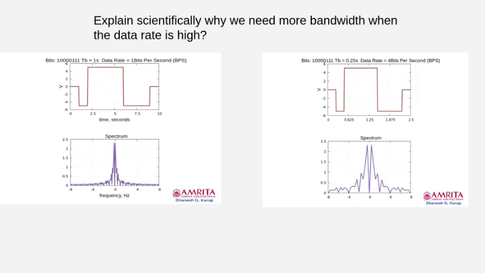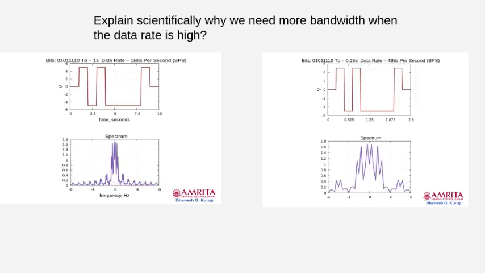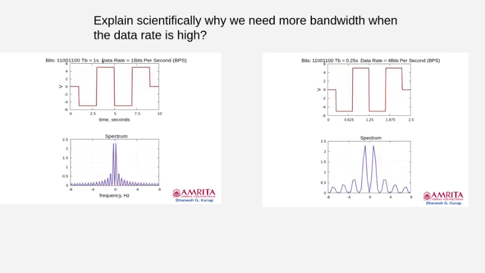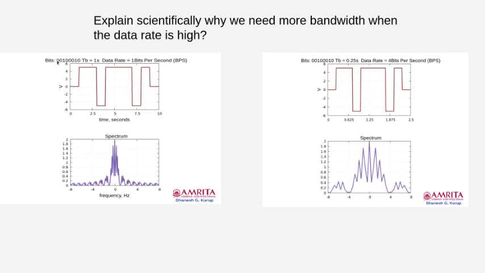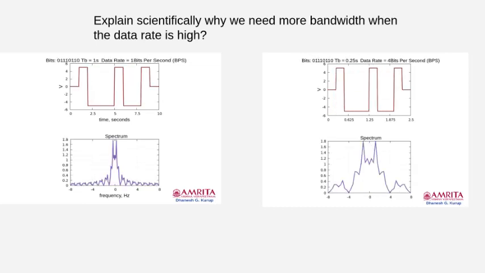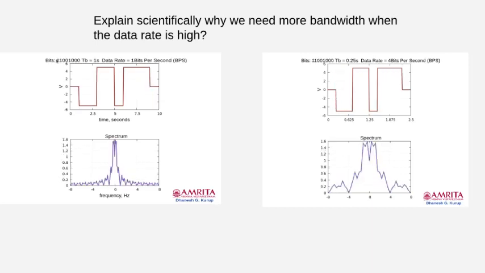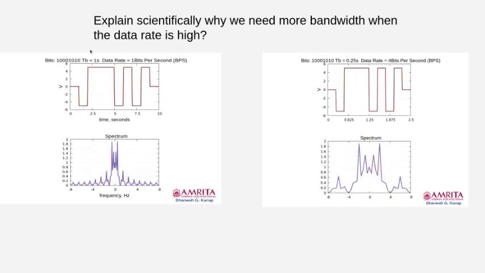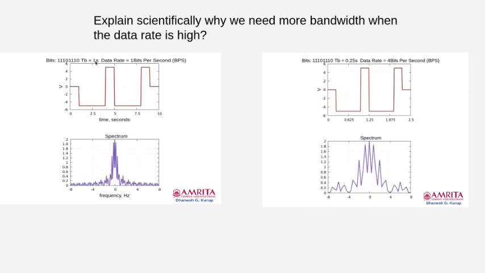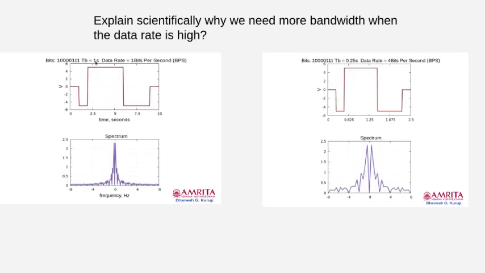Giga means 10 to the power of 9. So 10 to the power of 9 bits are transmitted in 1 second. It means that 1 bit has 1 nanosecond. That's the meaning of 1 gigabit per second, just like 1 bit per second means 1 bit is sent in 1 second.